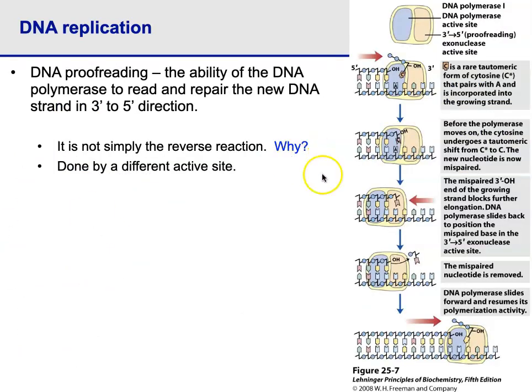So that's why we need a different active site, as shown here, the 3' to 5' proofreading or exonuclease activity site that will excise the wrong nucleotide and then allow the polymerase to move forward and synthesize the rest of the DNA and add the correct nucleotide in its own place.